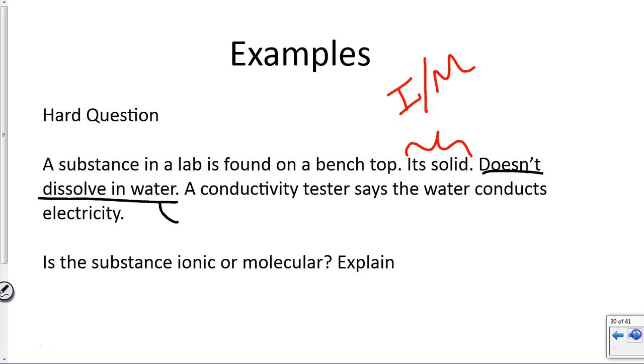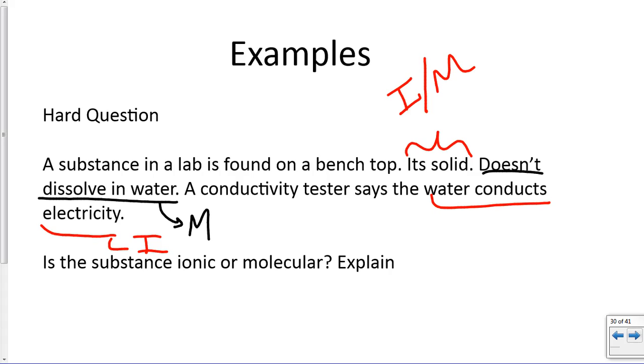So this leads us to believe that we'd end up seeing molecular. Now, the third one, a conductivity tester, testing for electrical conductivity, says that the water does conduct electricity. So that would lead us to think that this was ionic. Woo! So now we have a tie, one ionic and one molecular.